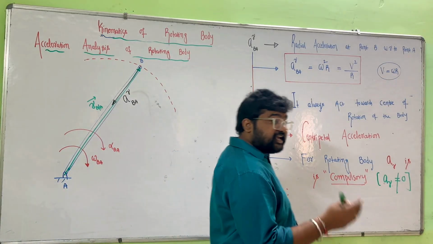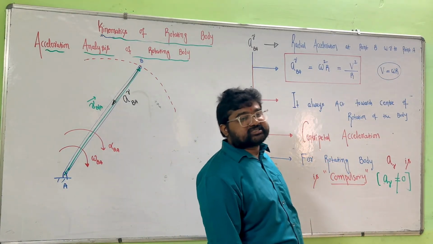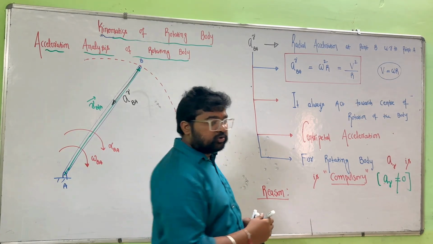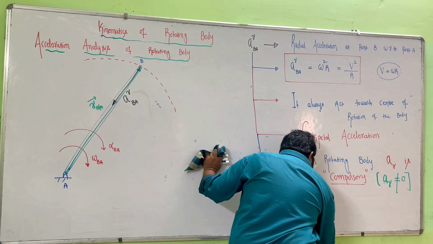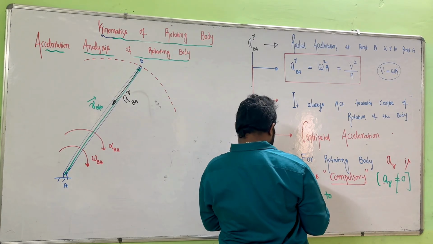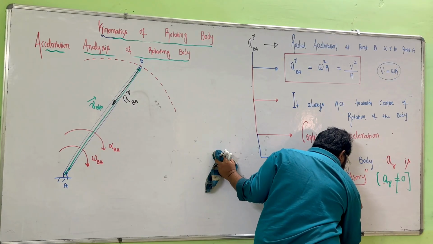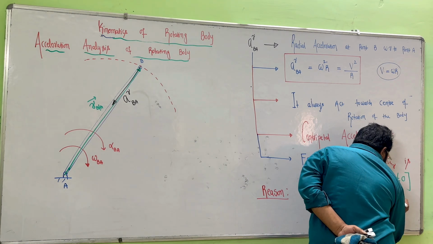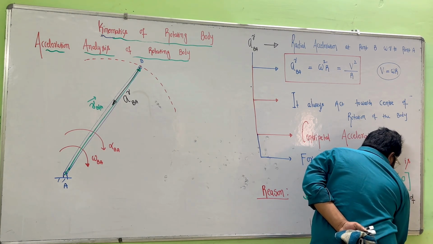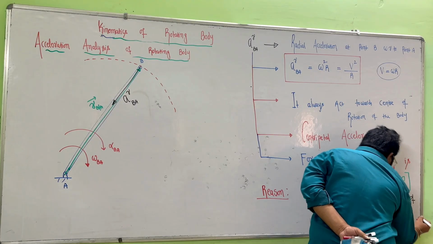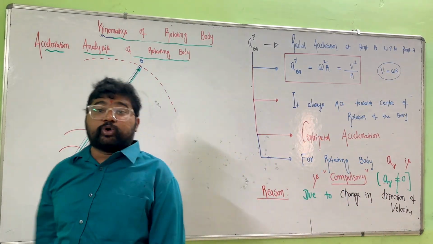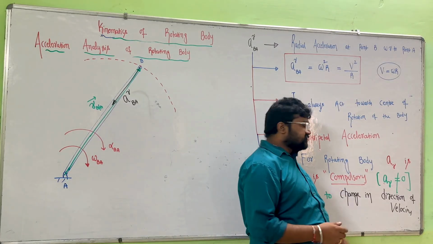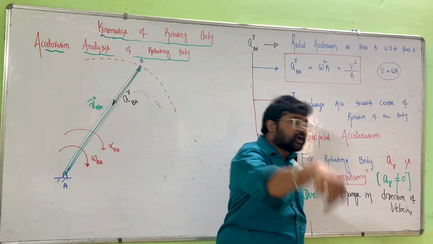It is due to change in direction of velocity at a point. Due to change in magnitude of angular velocity, tangential acceleration will come. Due to change in direction of velocity, not angular velocity.